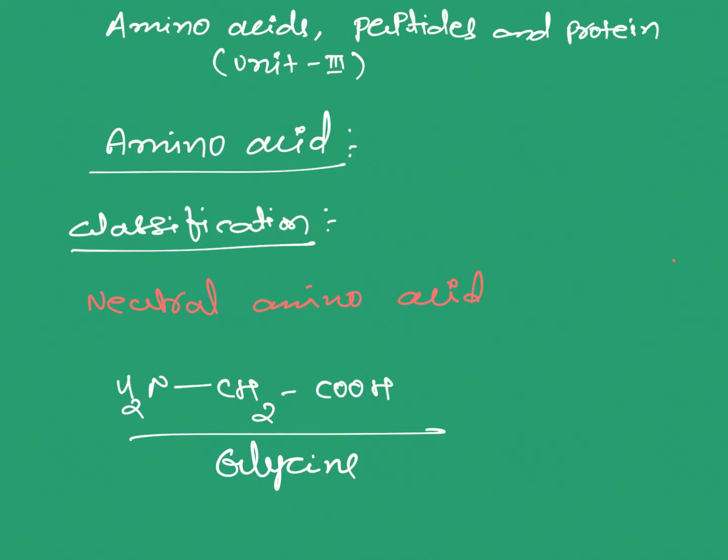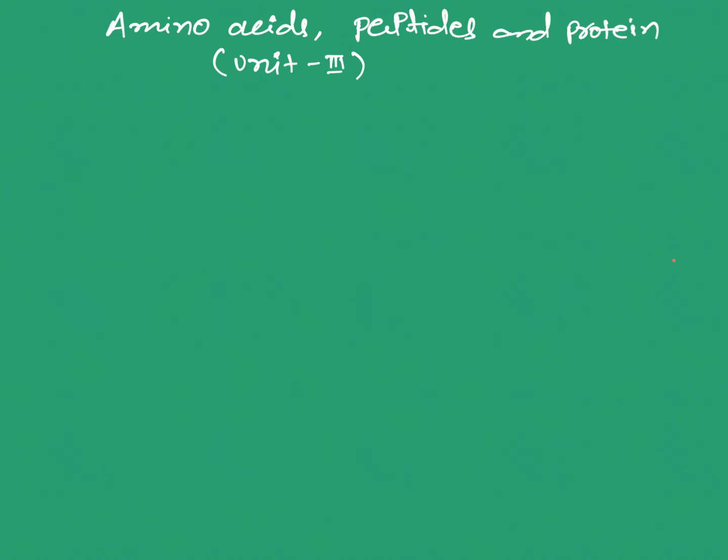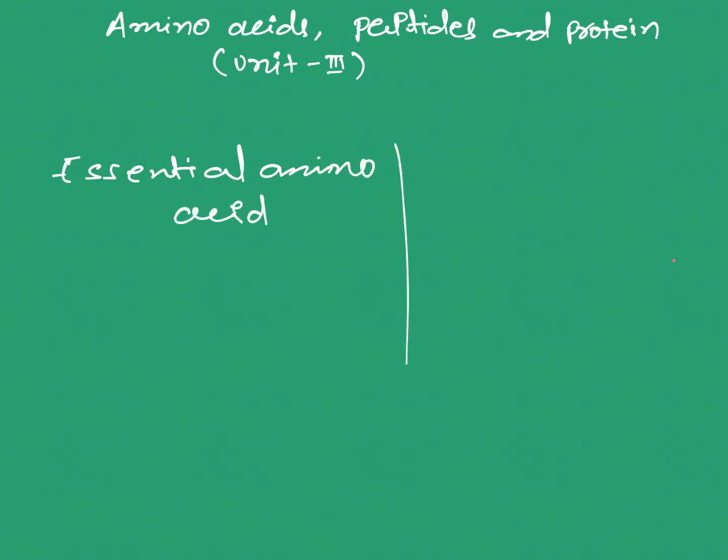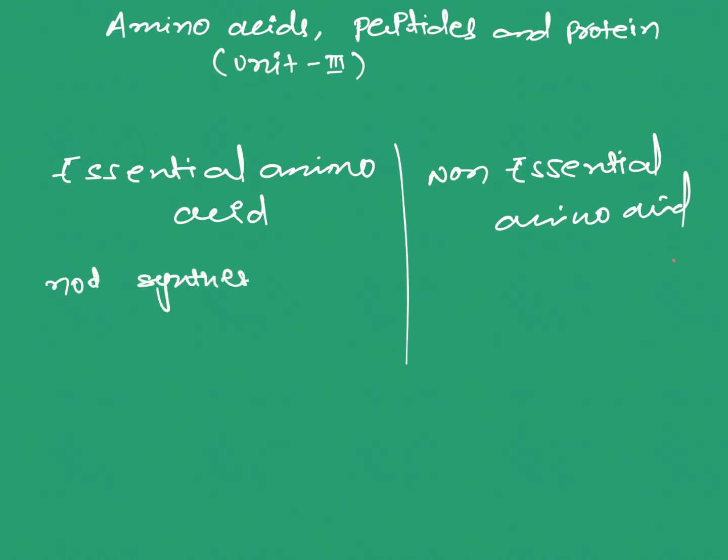There is a second type of classification based on nutritional value. Those are essential amino acids and non-essential amino acids. Essential amino acids are required for the body, but are not synthesized in the body.